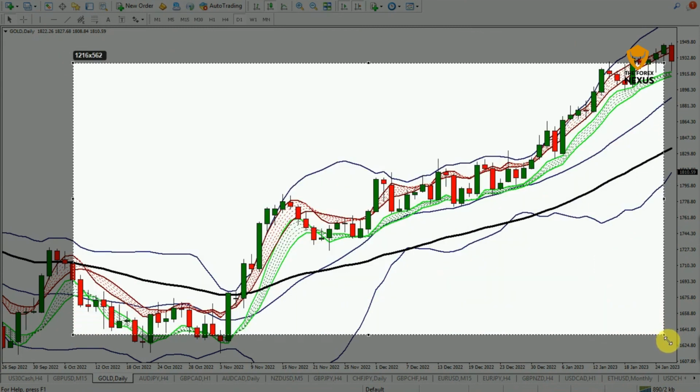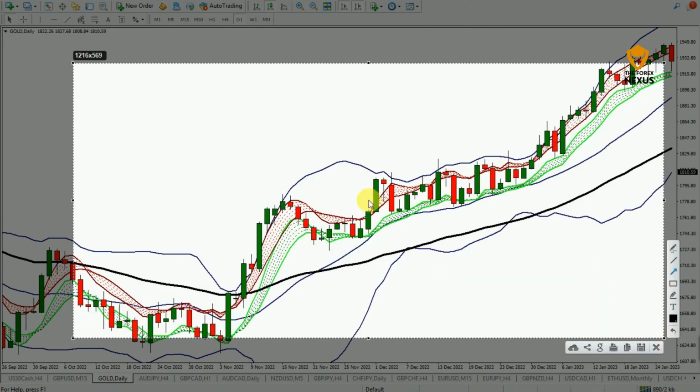In BBMA, just focus on the re-entries, because first you need to know about the bands: upper band, lower band and middle band. The middle band works as a mediator between buyers and sellers. So let me show you.